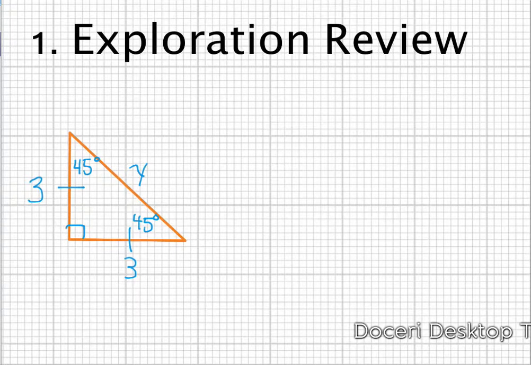So if you use the Pythagorean theorem, you remember the Pythagorean theorem is leg 1 squared, which is 3, plus leg 2 squared, which is also 3, equal to the hypotenuse squared. I think they might have used x in the example, but it doesn't matter which letter we use, it's the same concept. So 3 squared is 9, so I've got 9 plus 9 here, equal to y squared. 9 plus 9 is 18, so that means y squared is 18.